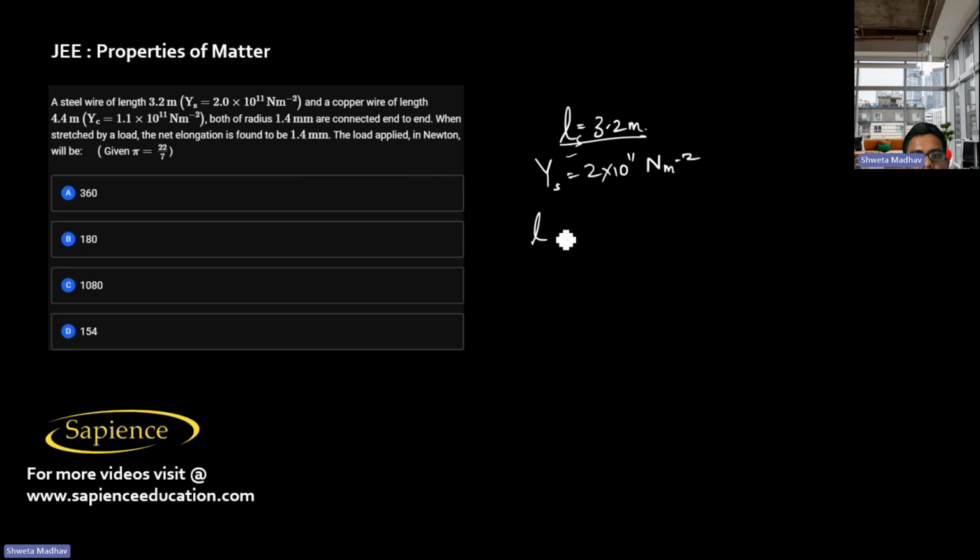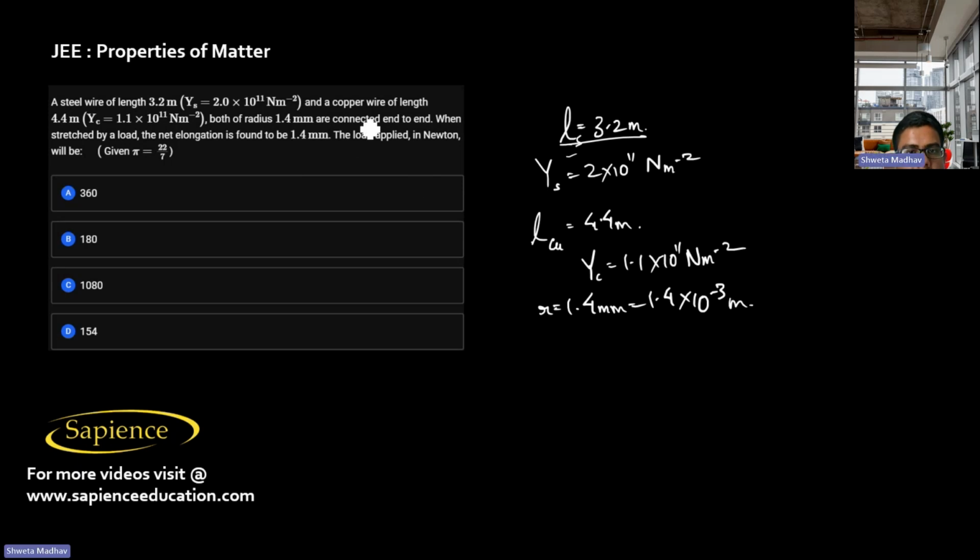Length of the copper wire is 4.4 meter, and Young's modulus for copper is 1.1 into 10 power 11 Newton per meter square, and both have radius 1.4 millimeter, which is 1.4 into 10 power minus 3 meter. They are connected end to end when stretched by a load.